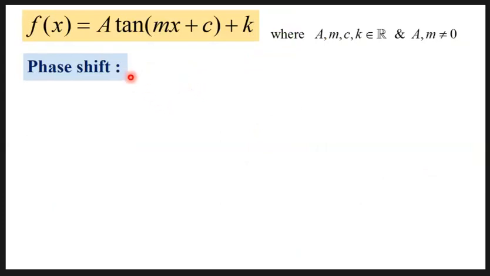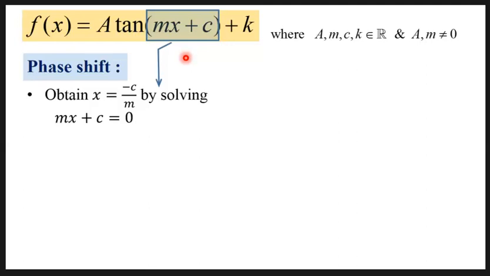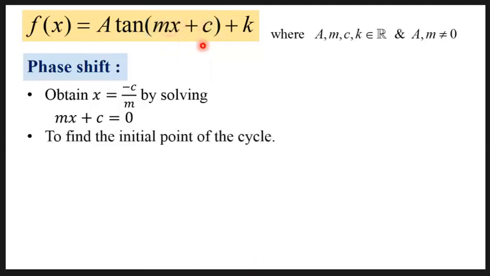Then refer to the next slide for some of the important terms that will help us in graph sketching. First, I would like to begin with phase shift, similar to the case of sine and cosine, where this determines the initial point of the cycle, where mx + c equals 0. To have a better idea of where the phase shift is, let's see from the diagram.